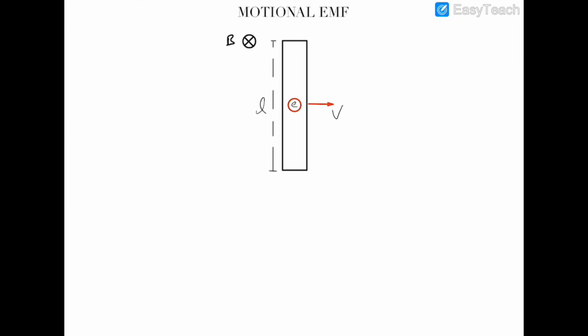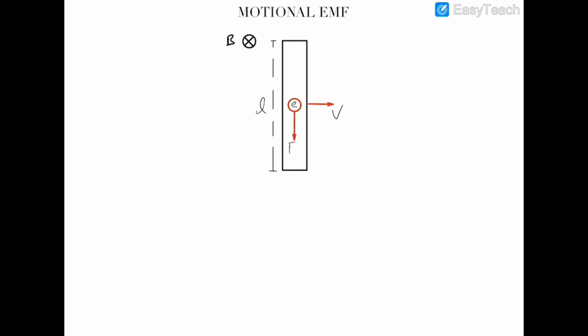If you point the first finger of your left hand inside the plane and the second finger towards the velocity, the thumb would point towards the force, and you will see that the force on this electron would be acting in the downward direction.